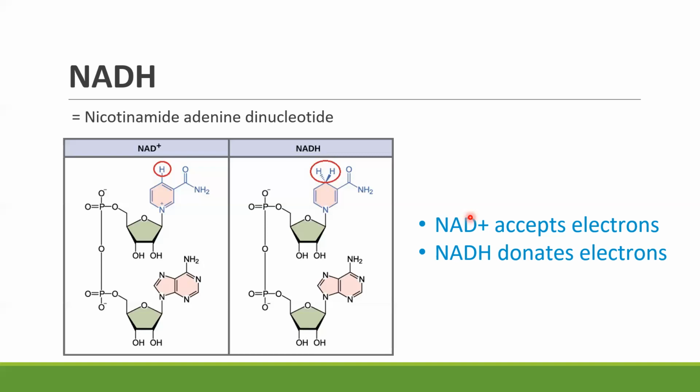And NADH has electrons, so it can give electrons; it donates electrons. When it gives electrons, it loses them, so it is oxidized. So NADH, when it loses the electrons, is oxidized. And NAD plus, when it gains electrons, undergoes a reduction process.